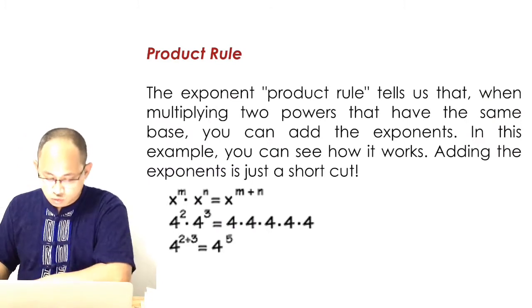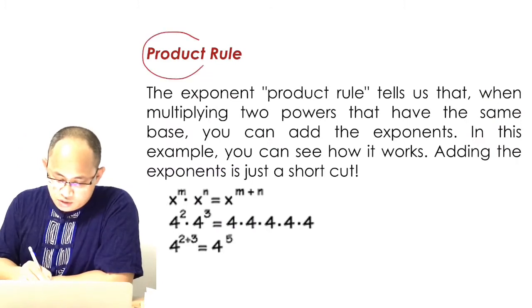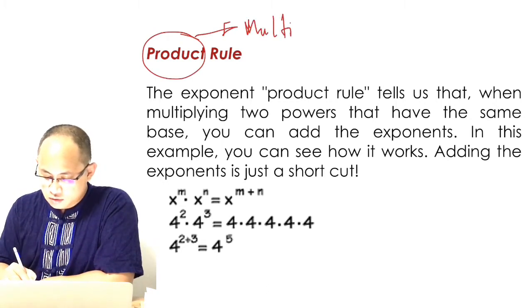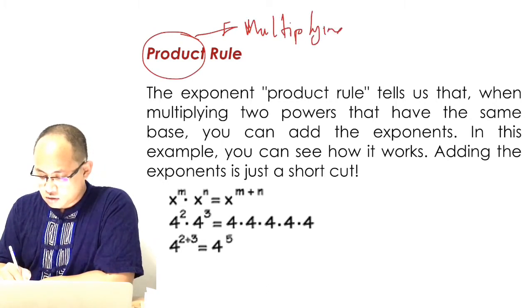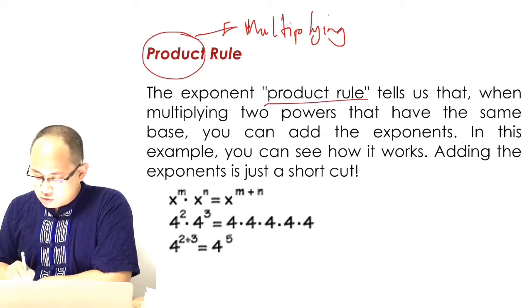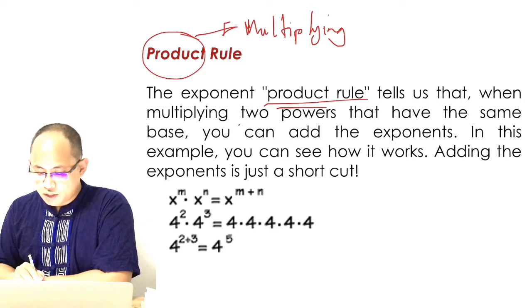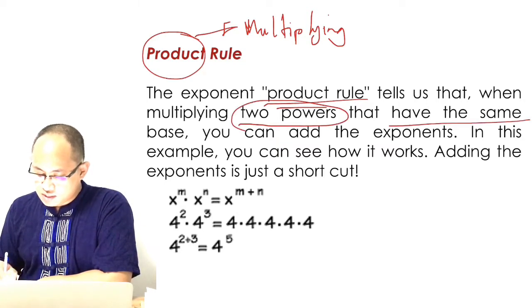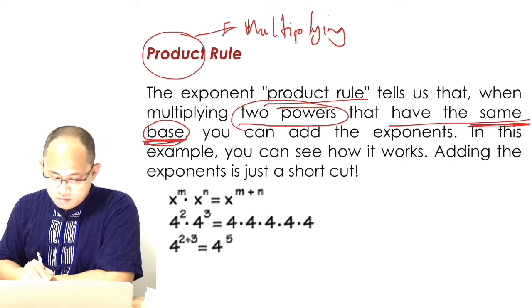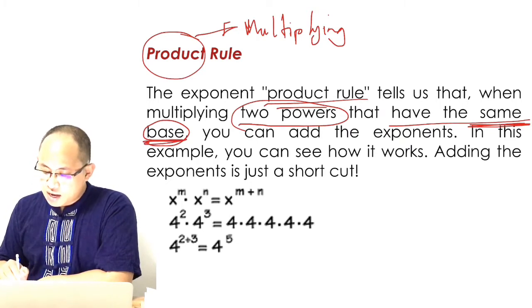Second rule, product rule. From the word itself, product means you are multiplying. Exponent product rule tells us that when you're multiplying two powers that have the same base, mark the word, same base, you can add the exponents.